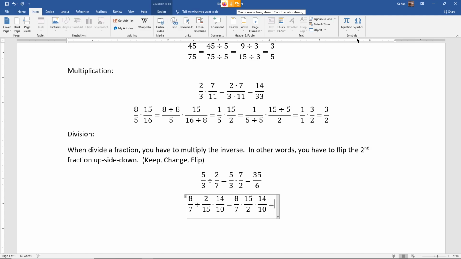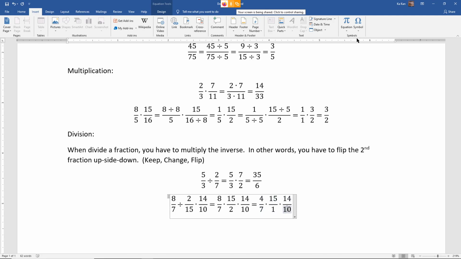Now I'm going to try to do the simplification in my head right here. Look at this. The 2 and the 8 can go into each other, right? 2 can go into 8, so that becomes 4, and that becomes 1. 2 divided by 2 is 1.